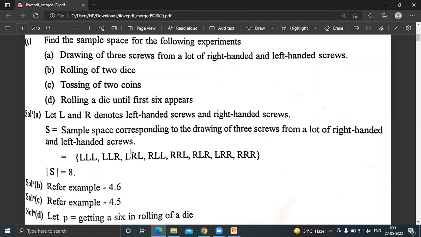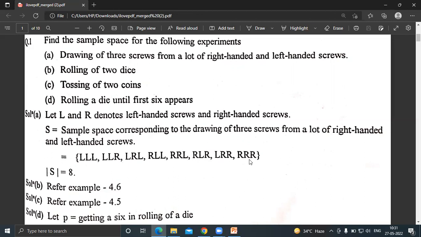We have to draw 3 screws. So the 3 screws may be LLL, that is 3 left-handed screws, or 2 left-handed and 1 right-handed, or it may be LRL, that is 1 left-handed, 1 right-handed, and another left-handed. Like this, we have to write all possible outcomes.